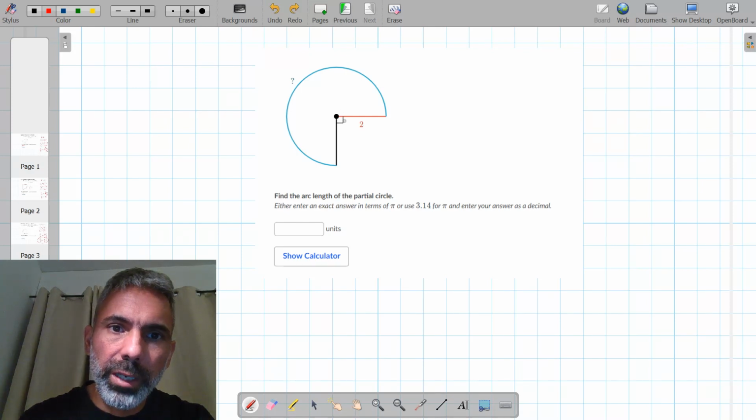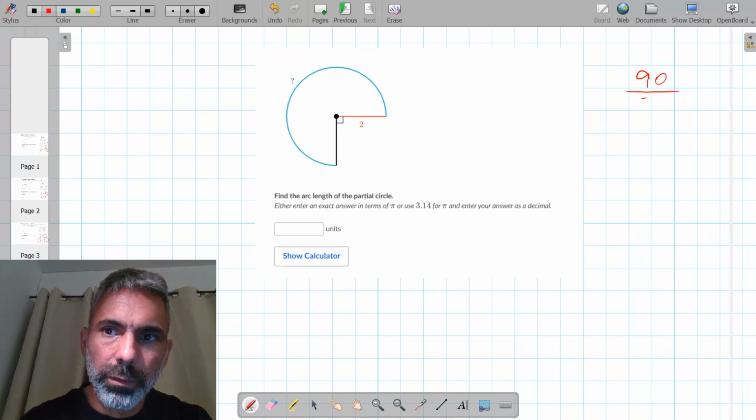We see here a right angle, and the right angle is 90 degrees, out of 360 degrees, because 360 degrees is the full circle.